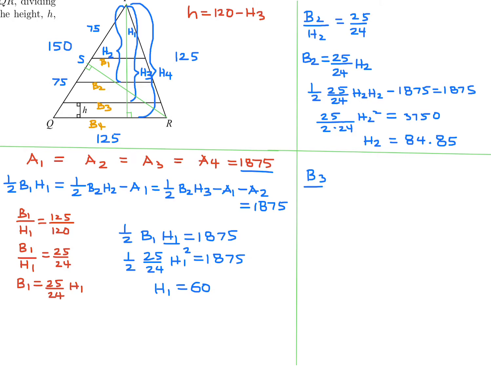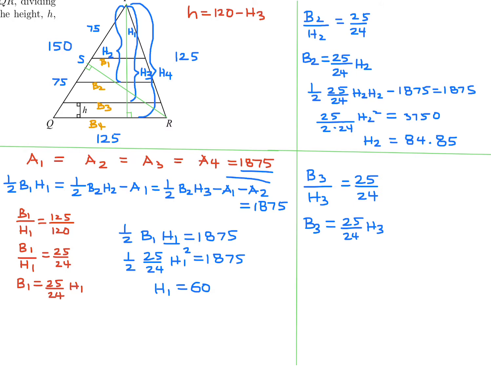Now again, B3 and H3, and in a very similar way, that's going to be equal to 24 over 25 using similar triangles. That means B3 is equal to 25 over 24 times H3.